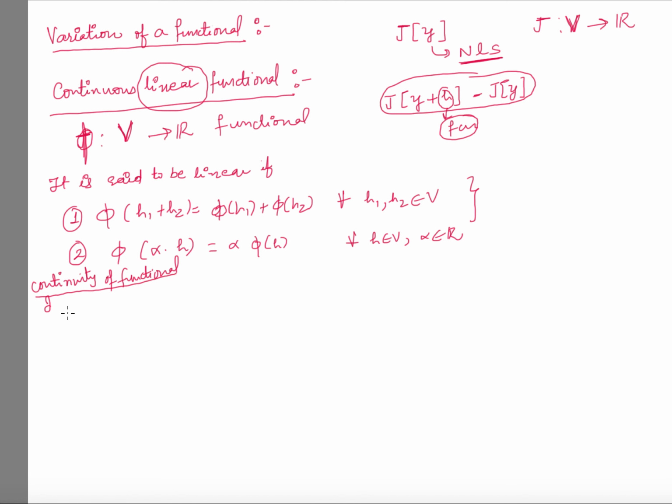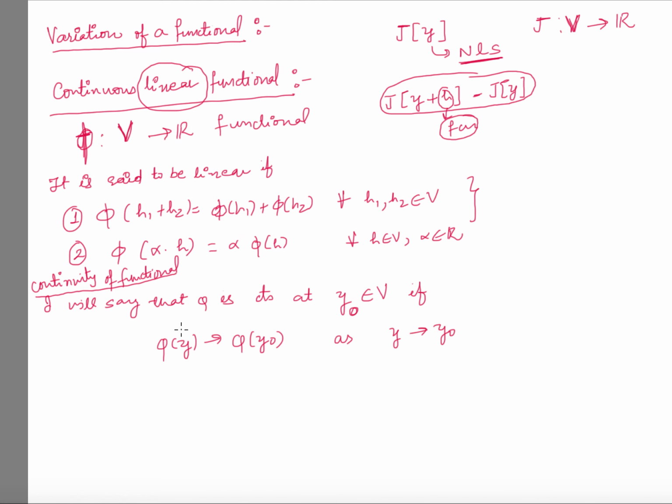I'll say that phi is continuous at some point y naught in V if phi of y tends to phi of y naught, like it comes closer to phi of y naught, as y comes closer to y naught.